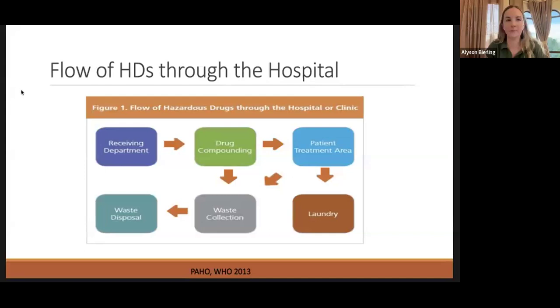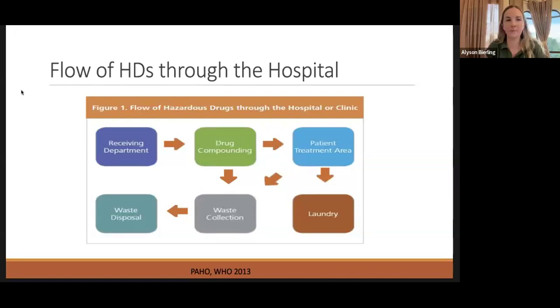So I want you all to visualize the setting where you'll be working in. So there's various touch points where there's potential for hazardous drug exposure. It's not just when the pharmacist is mixing chemotherapy or when the nurse is administering chemotherapy. There's a lot of potential touch points where exposure could happen.